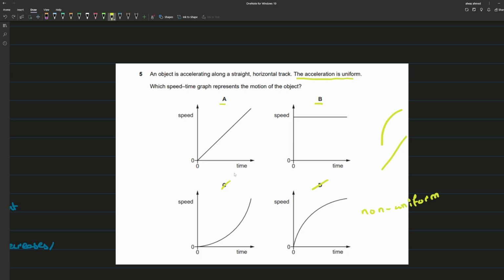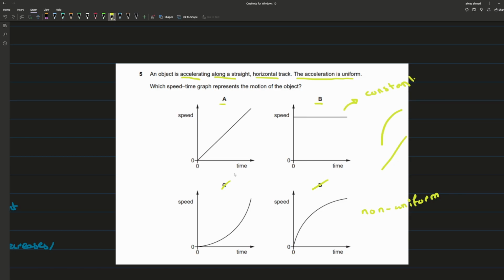A very important thing about this question is also the first statement, that the object is accelerating along a straight horizontal track. Now this straight horizontal track tells us that the object is not changing directions. It is a constant direction, because acceleration is a vector quantity, so you need to make sure that the direction is not changing. Now in B, we can see that the speed is constant, it's not changing.